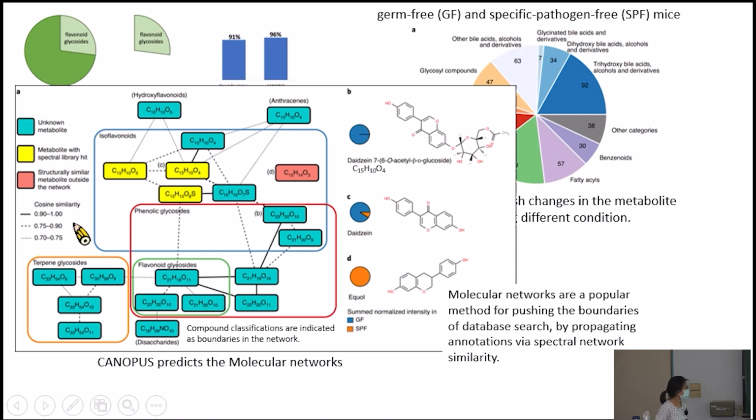And they also found that even when they were unable to find a compound with any connection in this network, they can still predict this compound in the class of isoflavonoid, because this compound here is an aqueous compound, and it is downstream of daidzein, shown here. So they also think that even though we do not have a direct connection of this new compound with other compounds, we can still predict the compound classification.